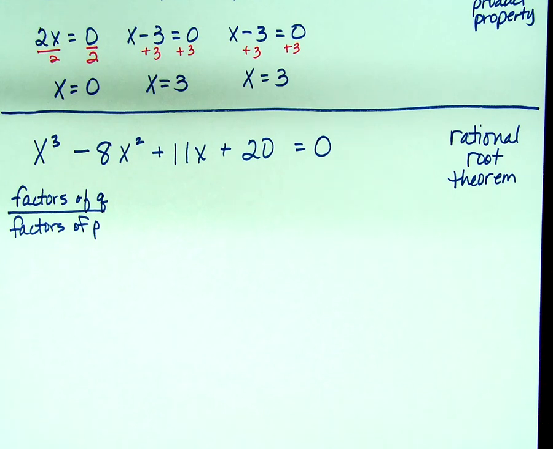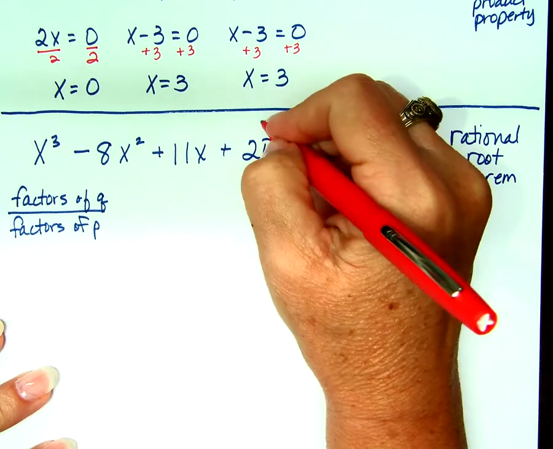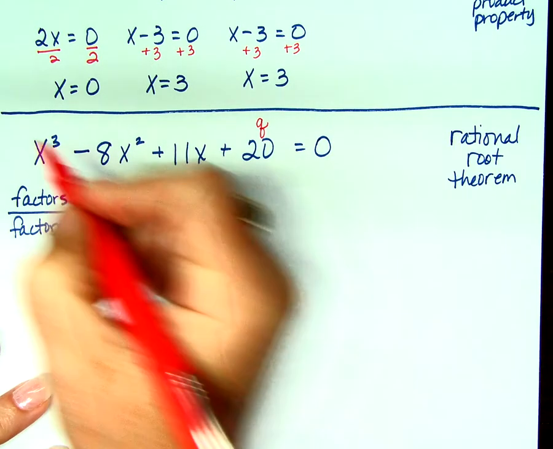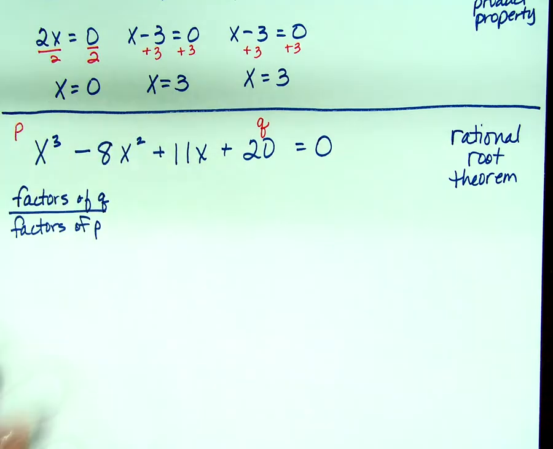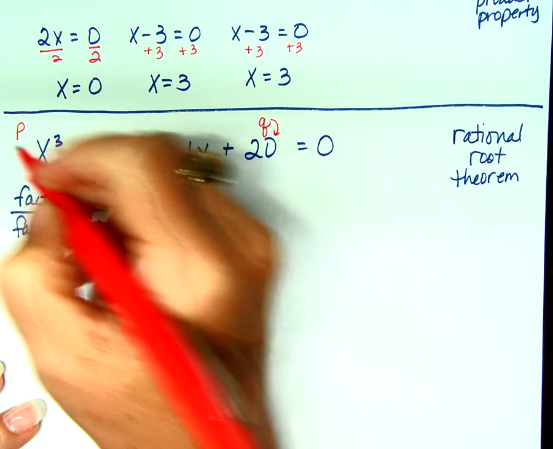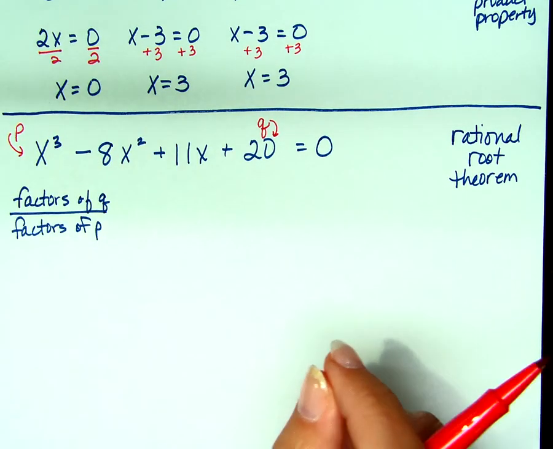The last term, our constant, is Q. Guys, please don't talk. Our last term is Q. Our A, our first term, is P. So what we're doing is all the factors of the last term divided by all the factors of the first term.